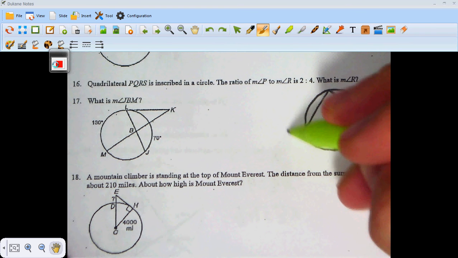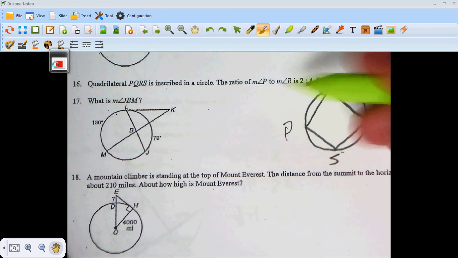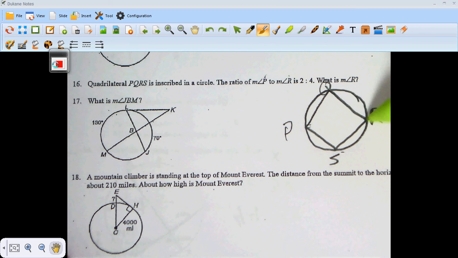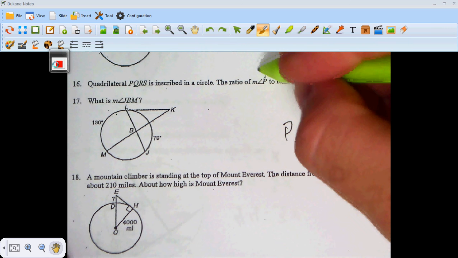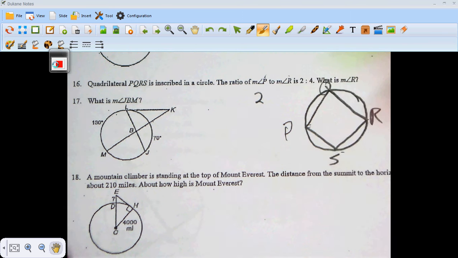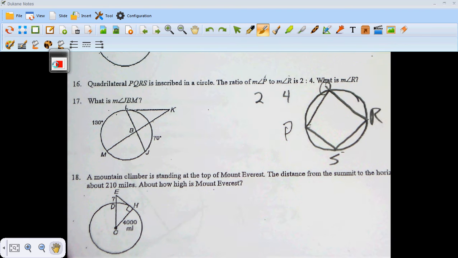So if I take P, Q, R, S, they tell me that P and R, opposite angles, have a ratio of 2 to 4. That is saying that for every 2 degrees that angle P has, angle R has 4 degrees. So how many times bigger is R than P? 2 times bigger.